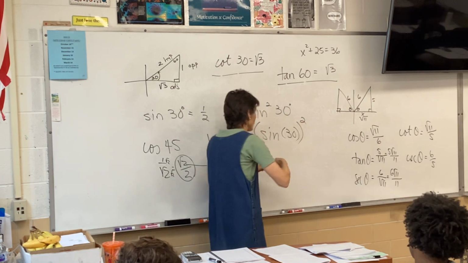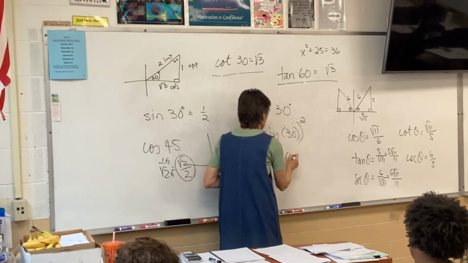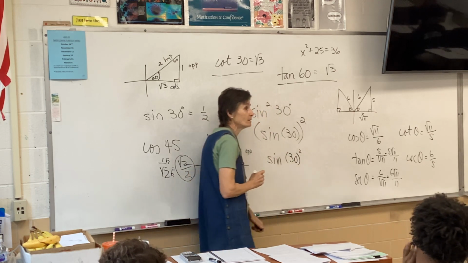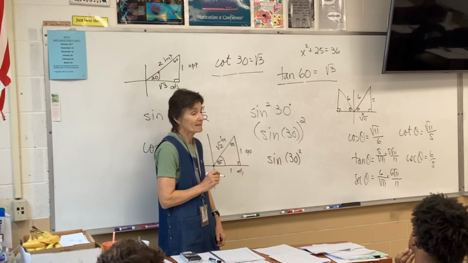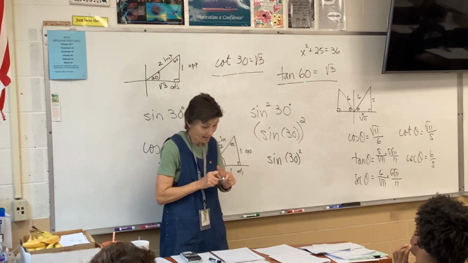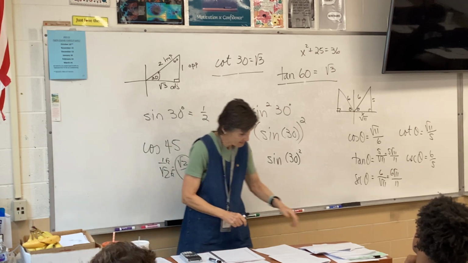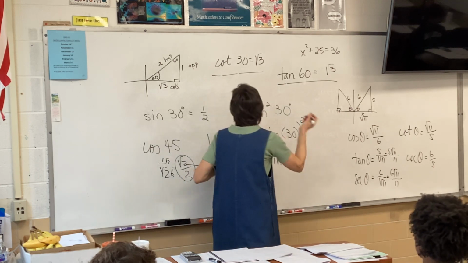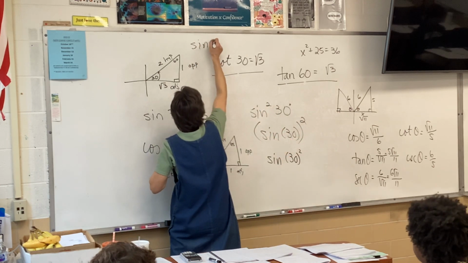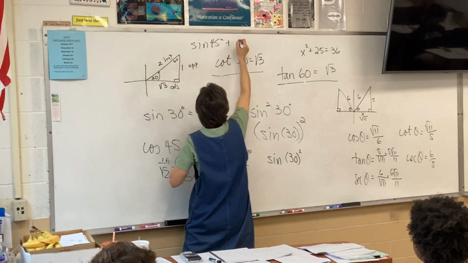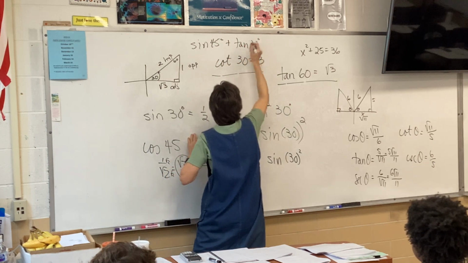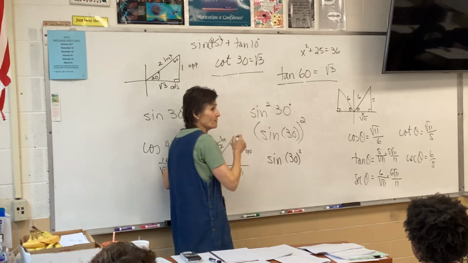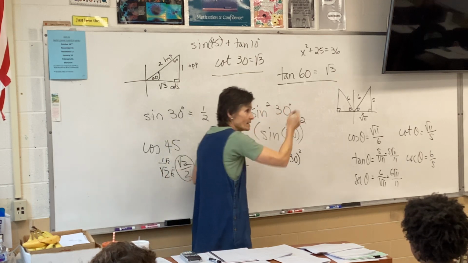You need to square the whole thing. You understand that if you type this, it will be wrong? Yeah, so be careful about that. If you're putting in powers, make sure you got your parentheses. And then always close the parentheses. So if you want to do sine 45 degrees plus tangent 10 degrees, remember to close the parentheses before you do the next operation.